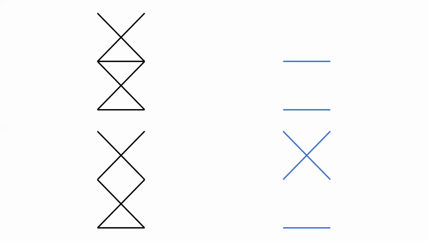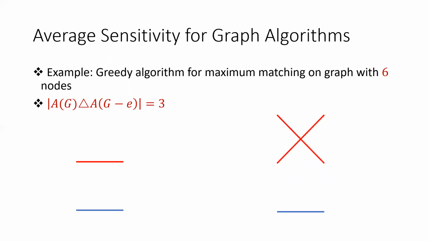Now, the symmetric difference between these 2 graphs is indicated by the edges in red. Thus, the symmetric difference has cardinality 3. Now, the average sensitivity for the greedy algorithm repeats this analysis averaged over all edges E that are in the graph.